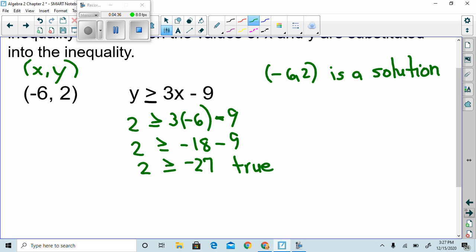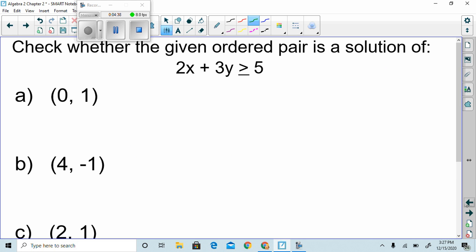Let's look at a couple more examples. Let's take the same inequality, 2x plus 3y is greater than or equal to 5, and test out 3 different possible ordered pairs as possible solutions. If x were equal to 0 and y were equal to 1, will that be a true statement?